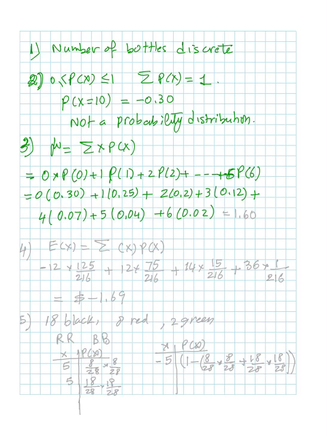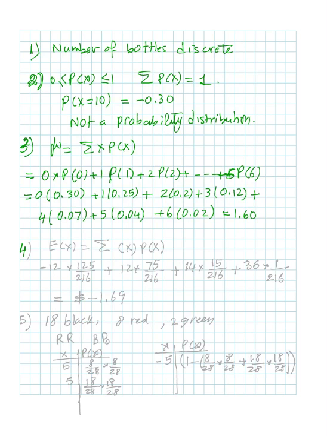Okay, so the answer will be 0 times what? 0.3 plus 1 times 0.25 plus 2 times 0.2 plus 3 times 0.12. I'm reading the values of the table.